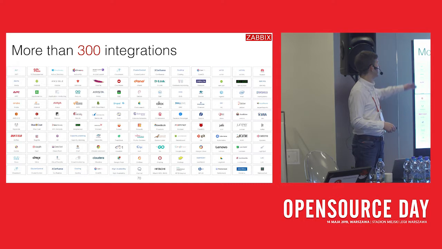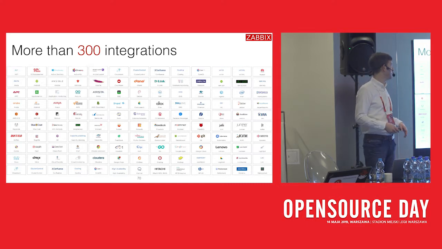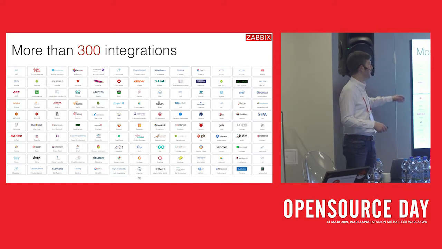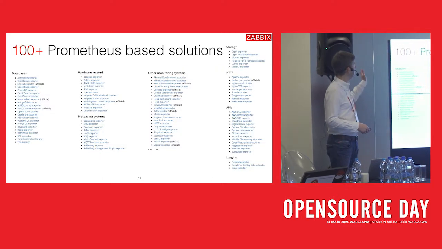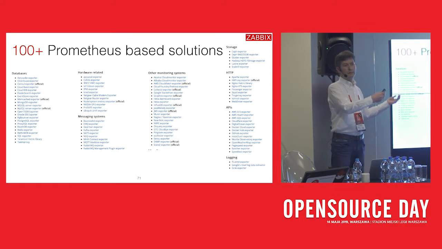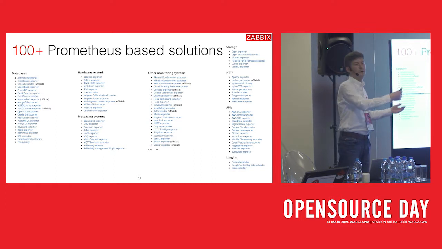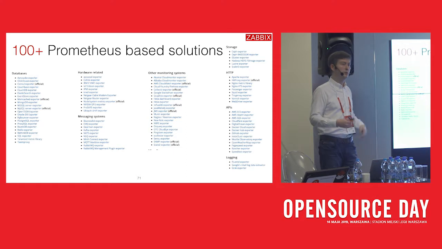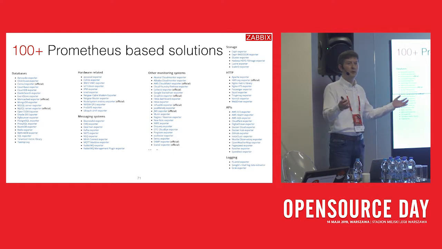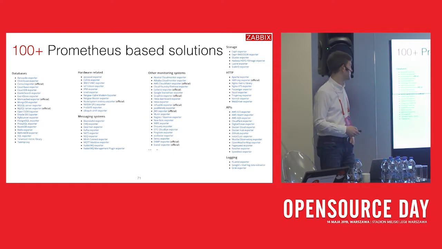At this moment, we have more than 300 integrations available, and this number is always growing. There are many things, databases, applications, and so on. And with the Prometheus-based solutions, we will add, I think, another 100 or more. Yeah, so it really extends the scope of what Zabbix can monitor out of the box.